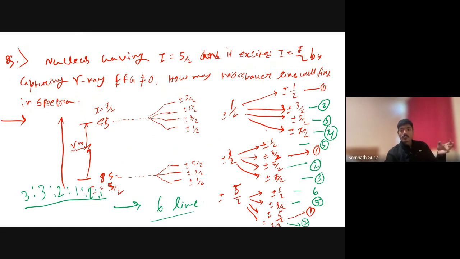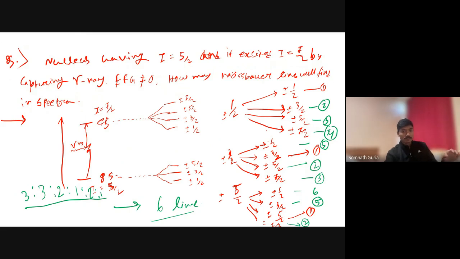You can make this kind of problem by yourself and just try to match their energy gap and how much energy we need. From it you can calculate how many lines you will get.